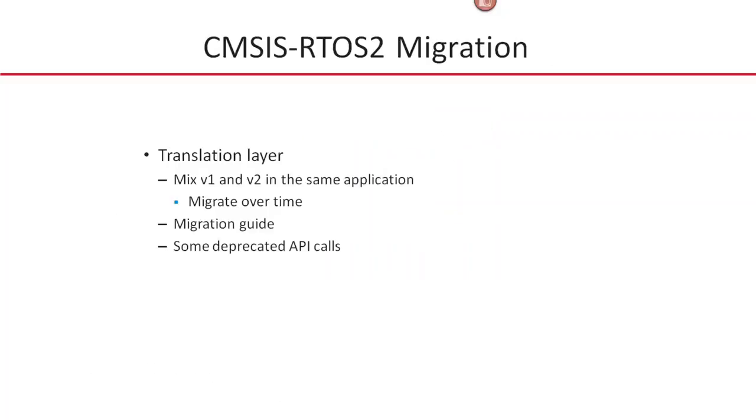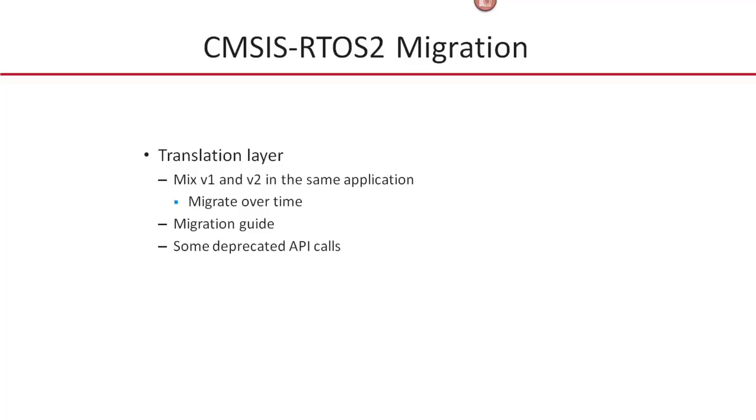If you're already using CMSIS-RTOS1, it will be necessary to move to CMSIS-RTOS2. RTOS1 will be supported probably for a significant period of time, however it will eventually fade away. So it will be necessary to port your code over to the new API.